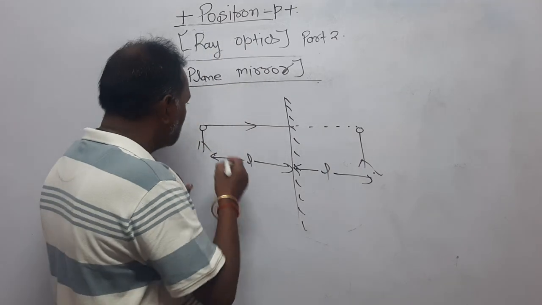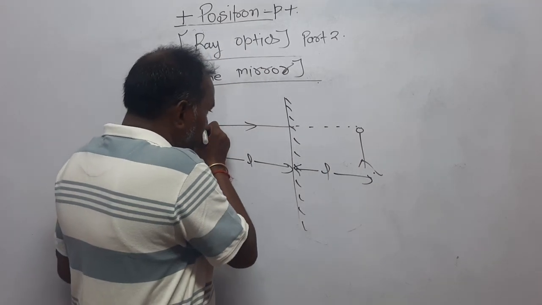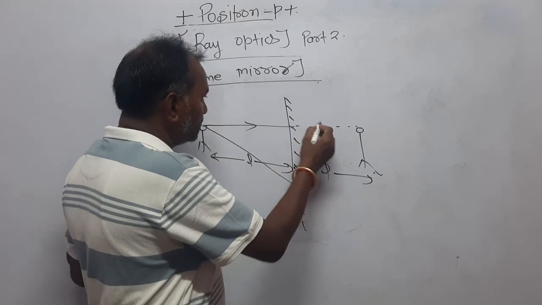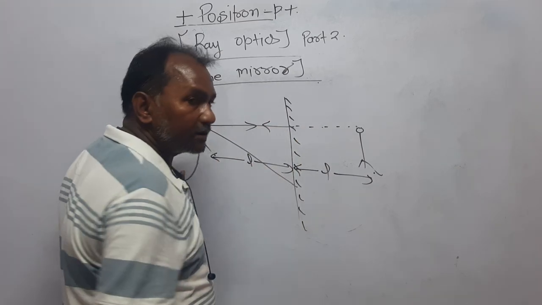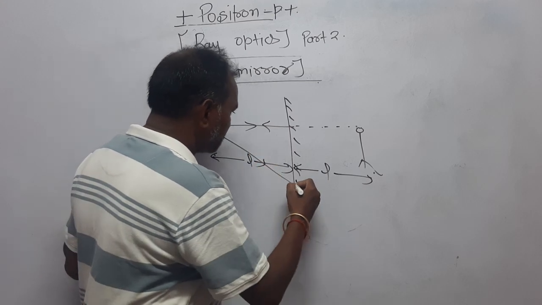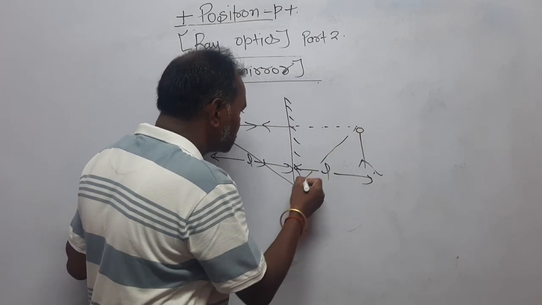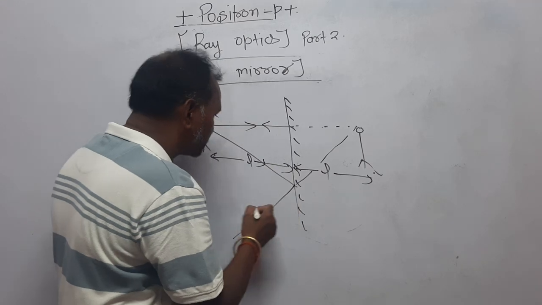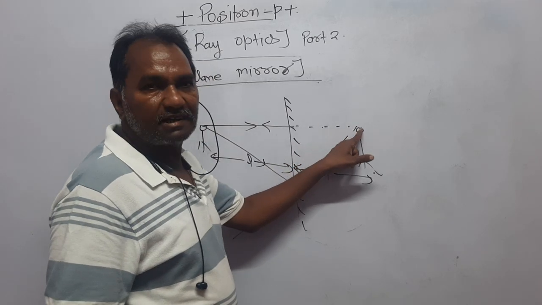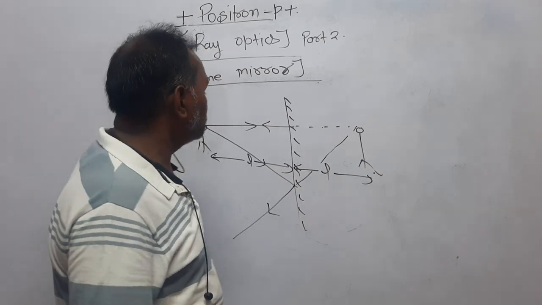Dear students, look here. The one ray I have taken normal will be reflected back. Okay? Another ray, look here. Yes, I am taking it like this, and this ray will be reflected like this. Now, these two rays are intersecting here. That is why the image will be made here.